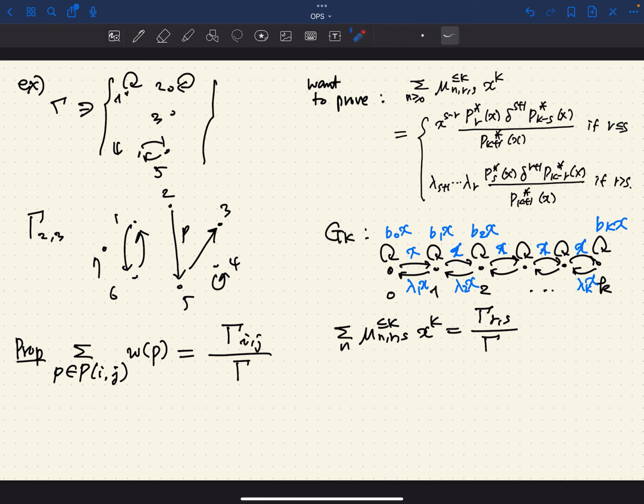Now, what is this? Let's look at this. You look at all possible disjoint cycles in this diagram, in this graph. But every cycle here, if it's self-avoiding, must be a single cycle of length 1 like this, or length 2 like this.